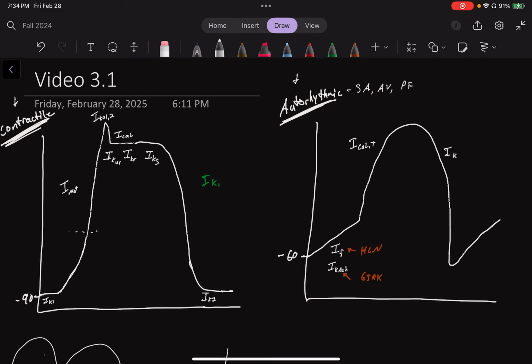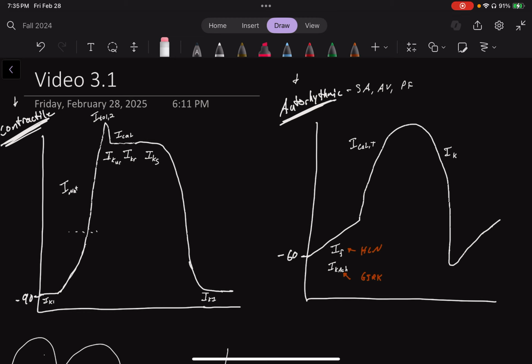Then the potassium current will be gone. The I just stands for current, so IK1 is the current of potassium 1.